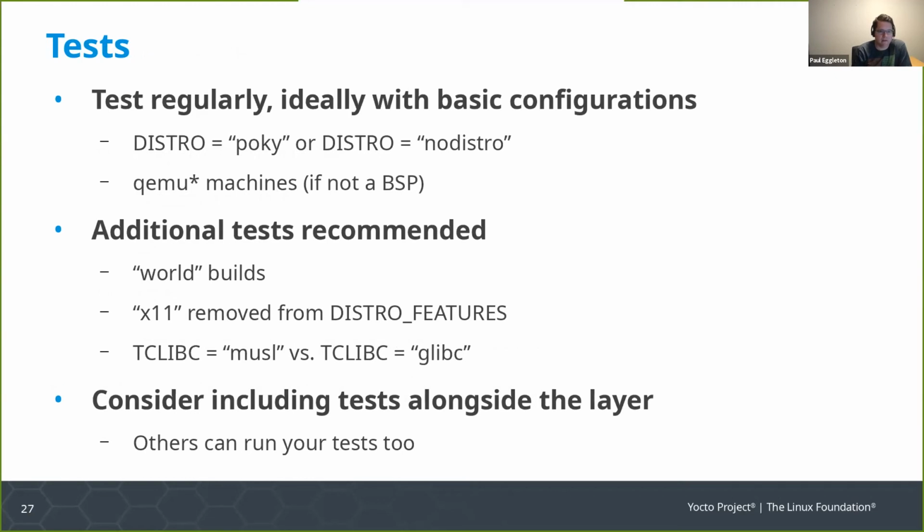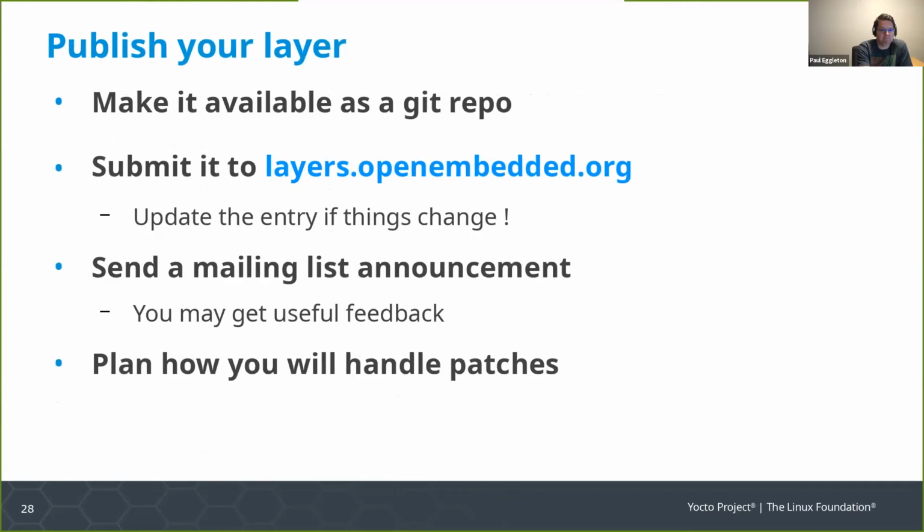Basically building things that you wouldn't necessarily normally build. Doing world builds, changing distro features, different libc. And consider including these tests alongside your layer. Publish your layer on layers.openembedded.org, and do a few other things to make sure people know about it.